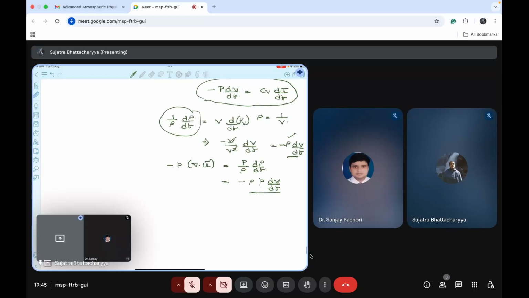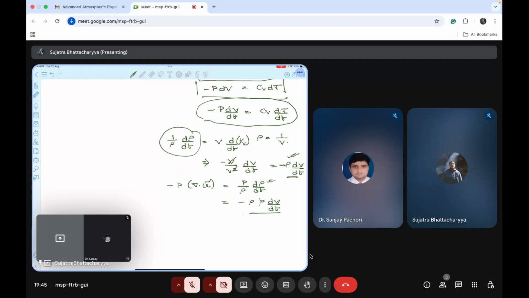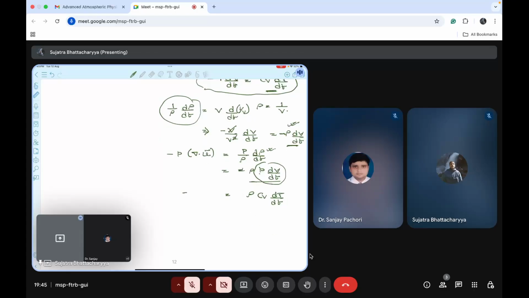So we are combining this with this. Okay. So we are getting something like this. Now, minus p dv dt, look at this with a minus sign, is cv dt. So it will be rho times cv dt by dt. So finally we have got this expression.